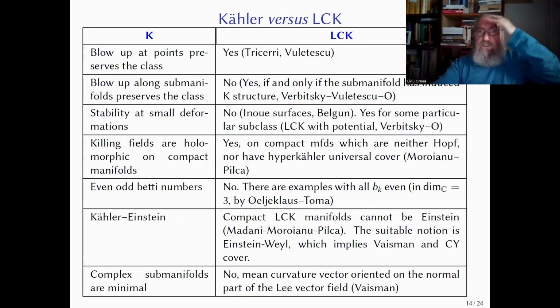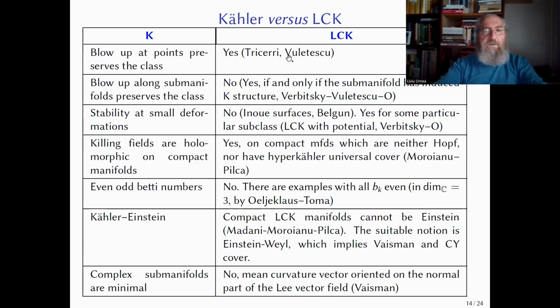If you want a summary comparison between Kähler and LCK, when you look at the properties of Kähler, first, the blow-up at points is preserved also in the LCK case. The statement and a similar proof was given by Tricerri.